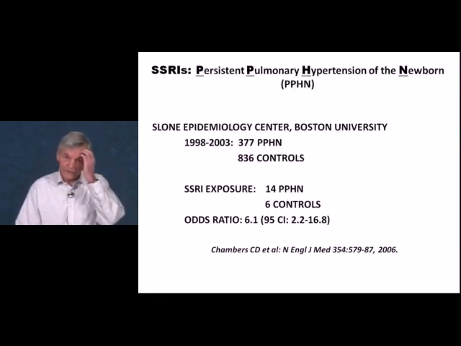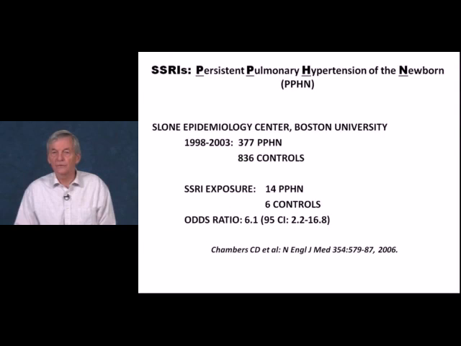The third issue that's come up about SSRIs is what we used to call persistent fetal circulation, or now persistent pulmonary hypertension of the newborn. You can see here the summary of the information that led to this hypothesis. This was again published in the New England Journal of Medicine. A good group of investigators. They did a very thorough job of identifying in medical records 377 infants that really had persistent pulmonary hypertension of the newborn.